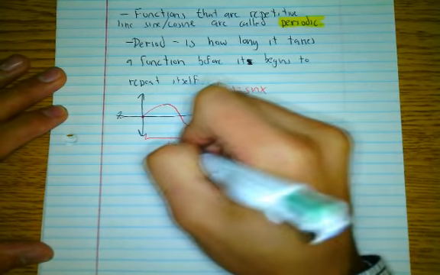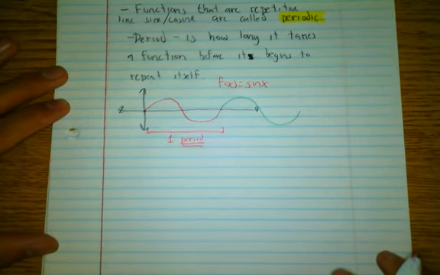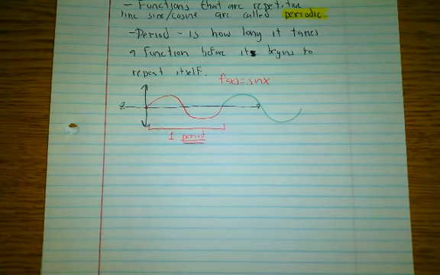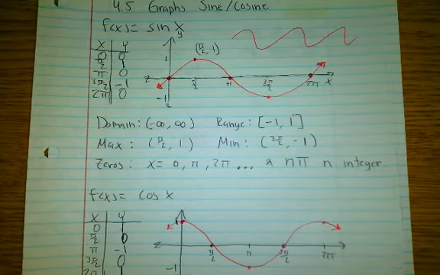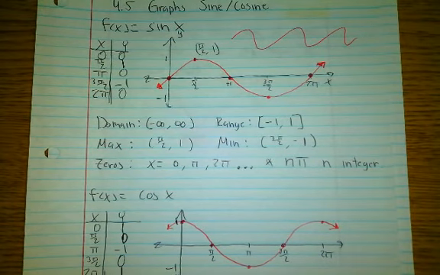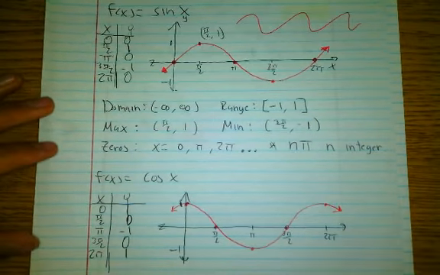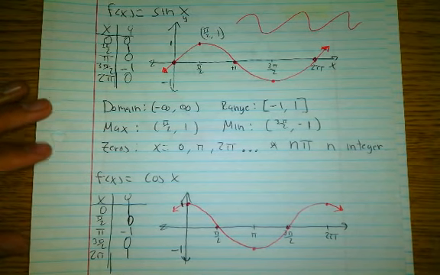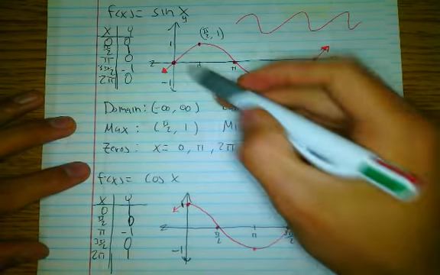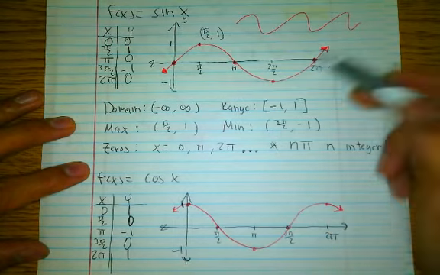Question for you. If I go back to my functions, page 1, what's the period of sine? How long does it take before it starts repeating itself? You might want to go back and add that for your graph, please. The period is 2 pi.